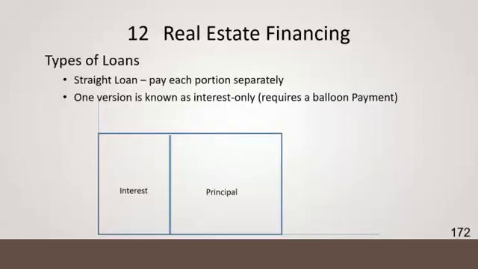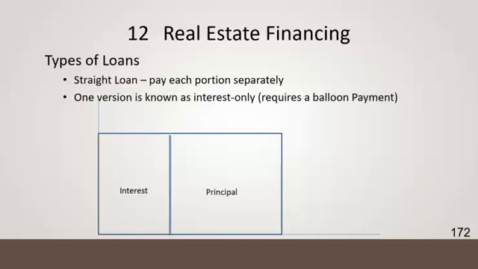The first loan I want to talk about in your book is called a straight loan. A straight loan implies that all of one portion is paid first, then all of the other portion is paid second.